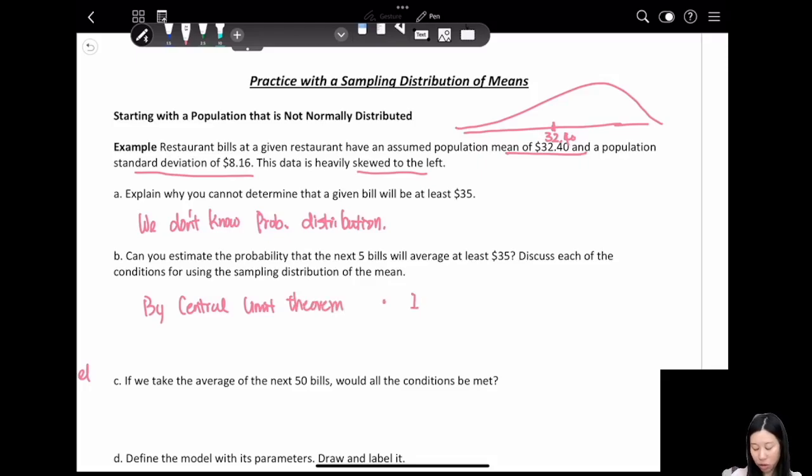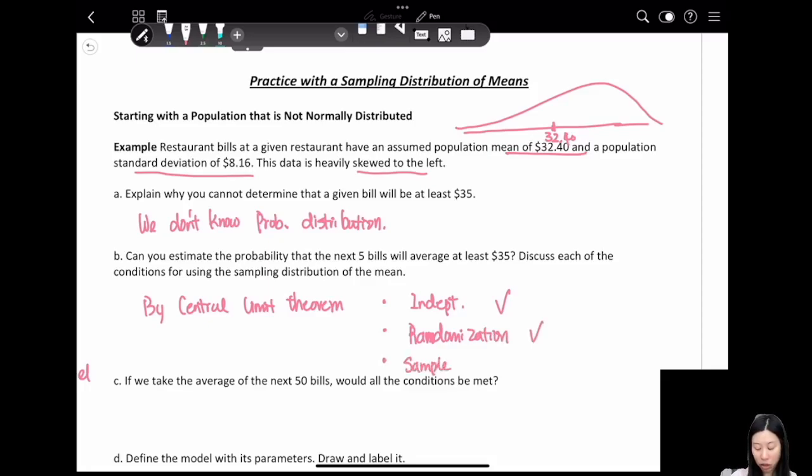First of all, it has 3 conditions. Is this independent? Yes, because the first bill is not going to affect the second bill or the third bill, so each bill is independent. Second, randomization. Is this a randomized bill that we picked? Yes.